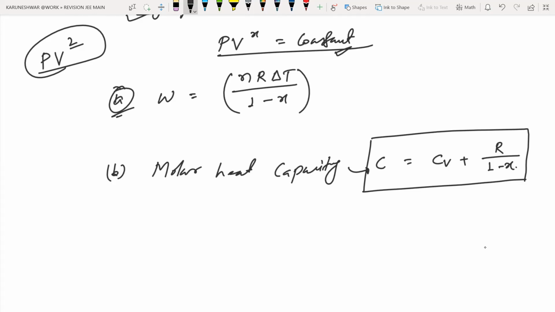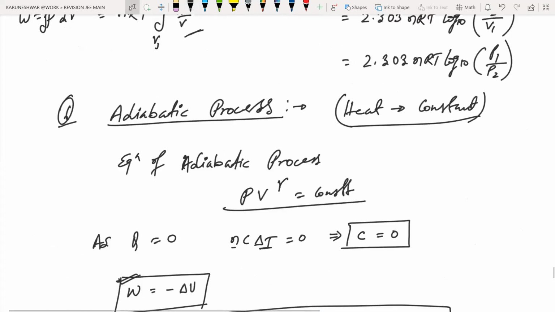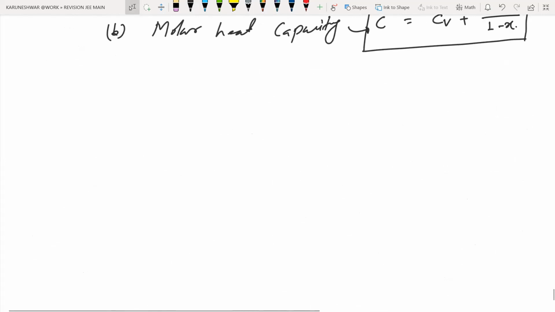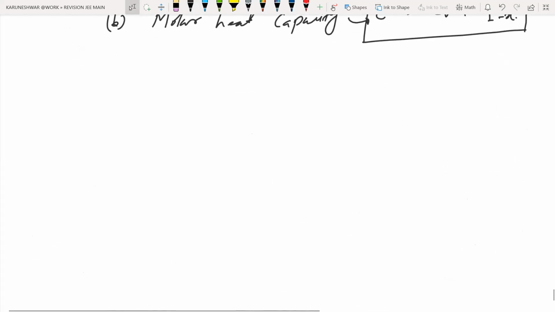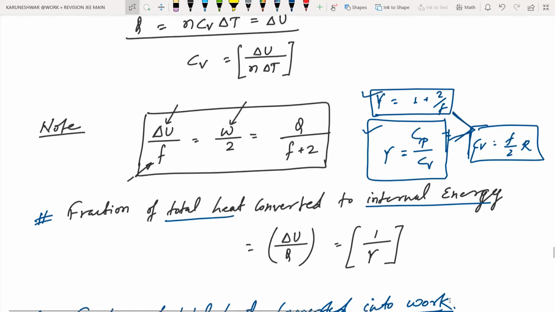Now we have the last process to understand. This was the adiabatic process, but the seventh one we are having. We have already done seven.